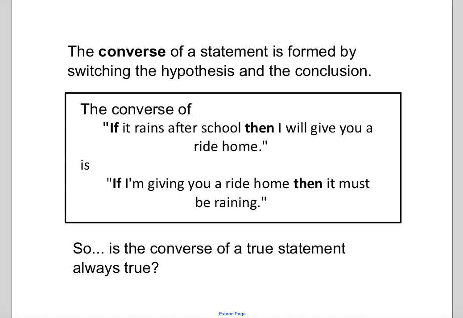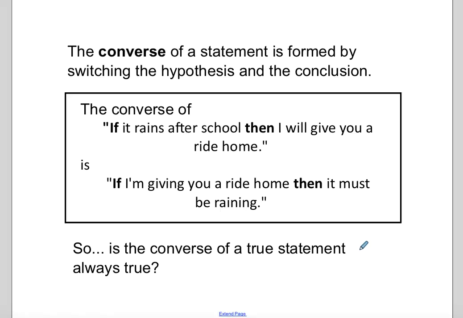The converse of a statement is formed by switching around the hypothesis and the conclusion. For example, the converse of if it rains after school, then I will give you a ride home is if I'm giving you a ride home, then it must be raining. So, is the converse of a true statement always true?